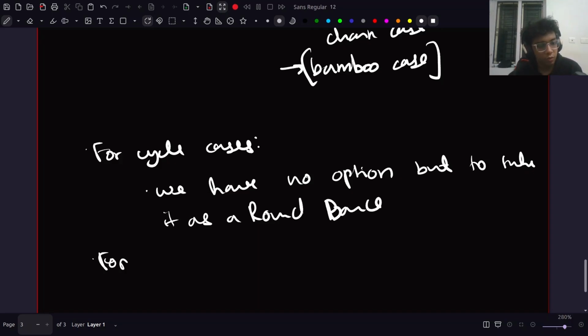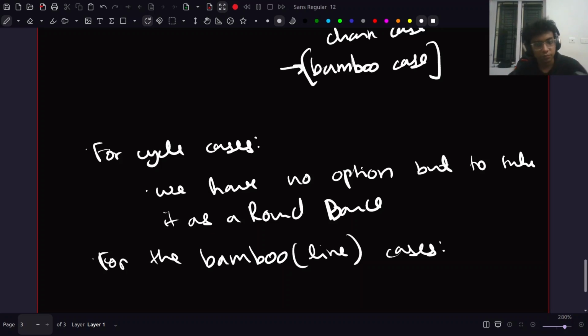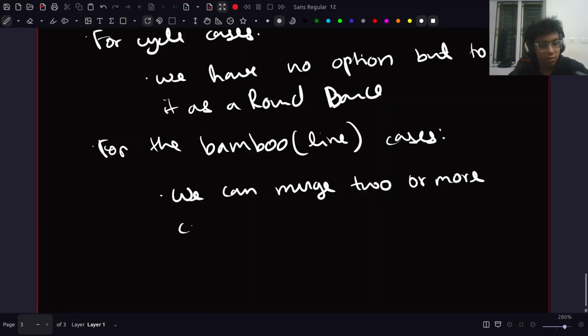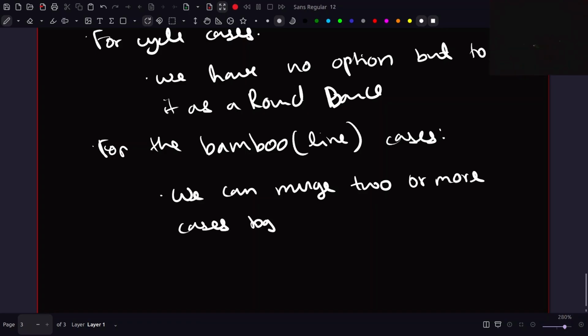For the bamboo cases, the line cases, we can merge them together. We can merge two or more cases together.